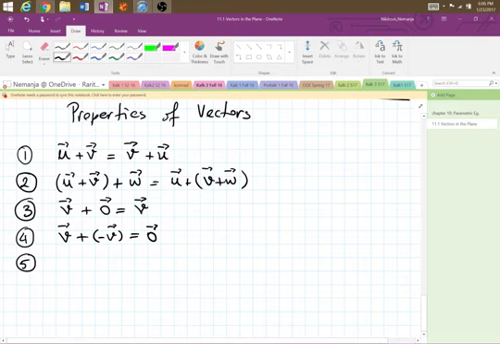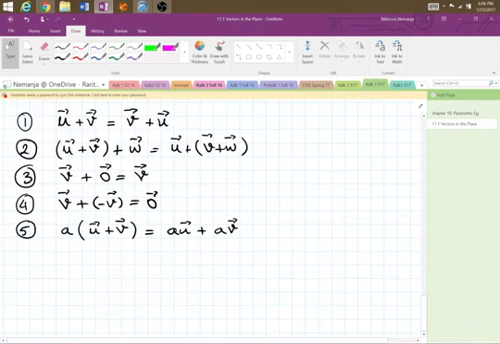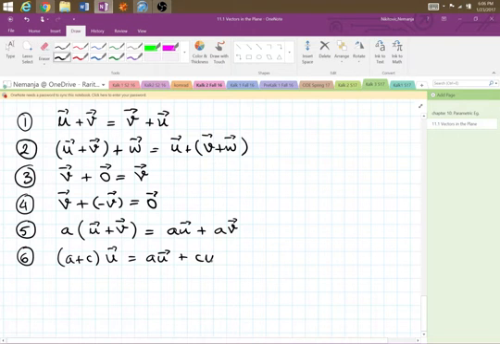Number 5, distributive property. We have 2 of those because of the nature, we'll see. So distributive property, you get au plus av. 6. (a plus c)u is au plus cu.